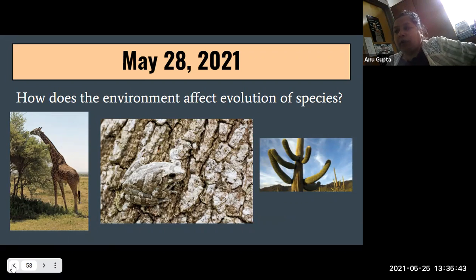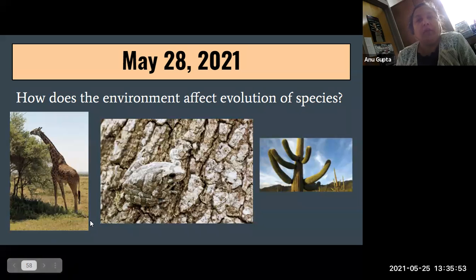So we have discussed evolution and natural selection. And I'm asking you here, how does the environment affect the evolution of species? I'm giving you a giraffe here, and you can see the long neck. Then this frog is on the whitish brown surface.